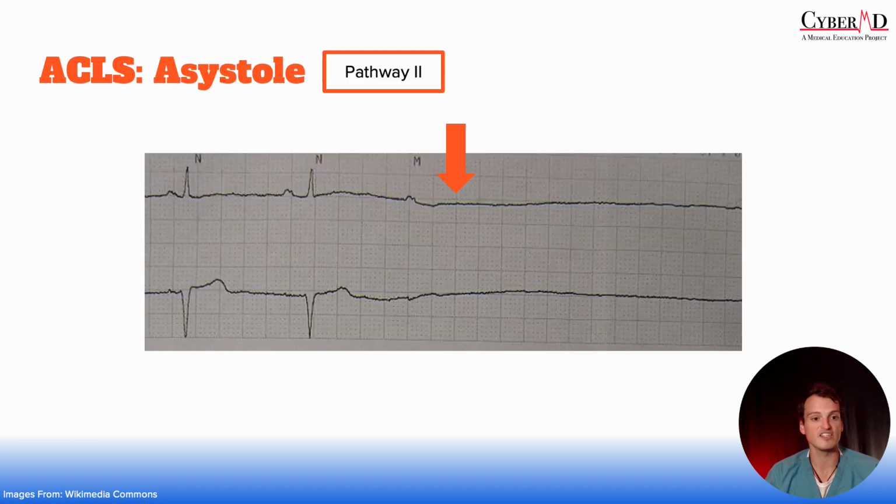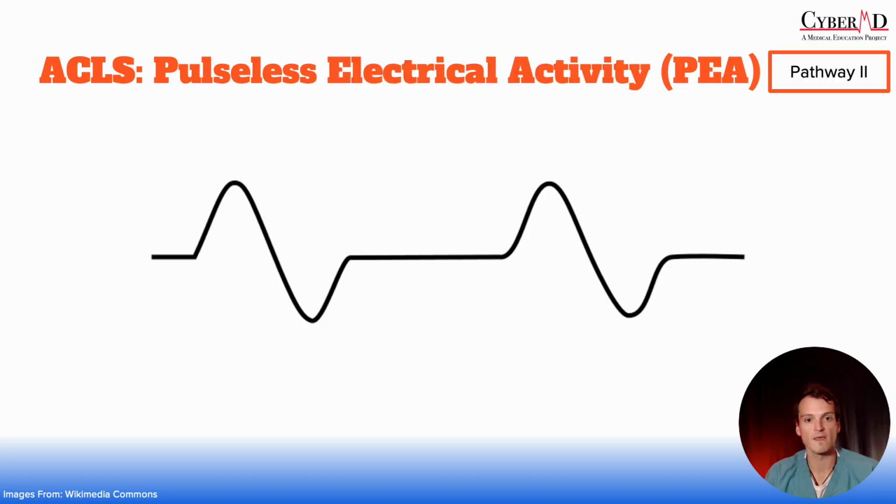All right, on this EKG, you can see there's two sinus beats, pretty bradycardic, but two sinus beats, and then right where this arrow is on screen, the patient goes into asystole. They flatline right where that arrow is. And so this is what asystole looks like, just no cardiac activity at all, no electrical activity at all on the monitor on EKG. And then lastly, this is just an example of what pulseless electrical activity might look like.